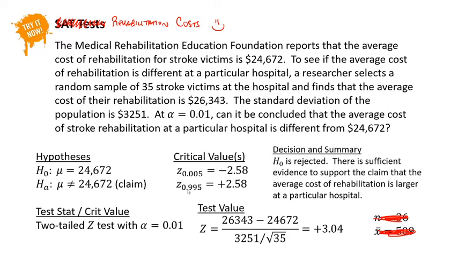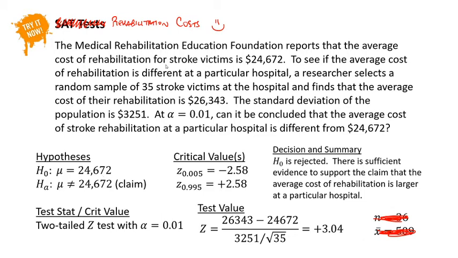We get those critical values. We figure out what our test value is, and we compare our test value against those critical values to see if it is more extreme. And since it is more extreme, we decide to reject the null hypothesis.